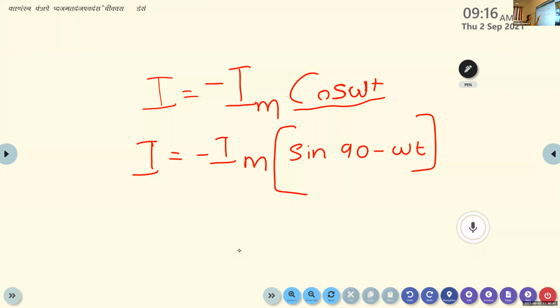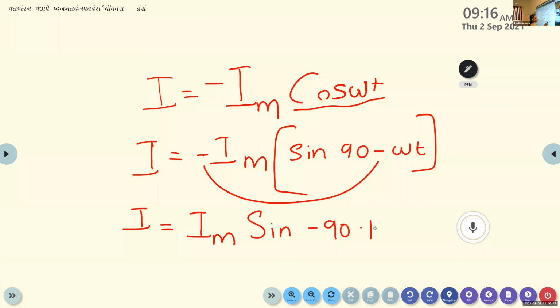Now we can take this negative sign into the bracket. I is equal to minus Im sin 90 minus omega t. Now in the next step, take this negative sign into the bracket. It becomes I is equal to Im sin minus 90 plus omega t.